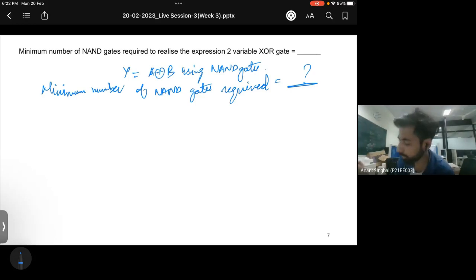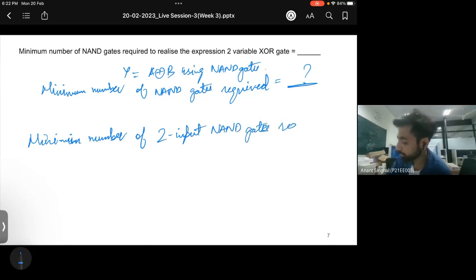Those who have solved it can try this question. Maybe you can take it as a homework problem. Minimum number of two input NAND gates required to realize, maybe.